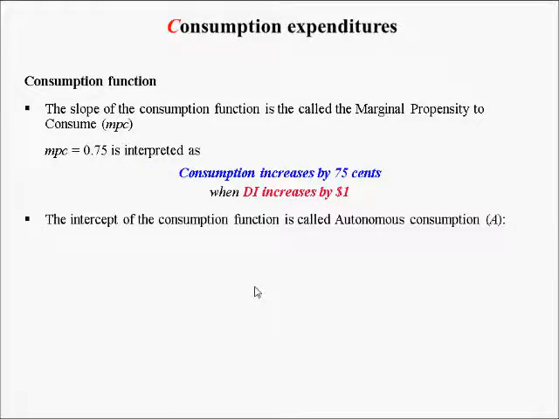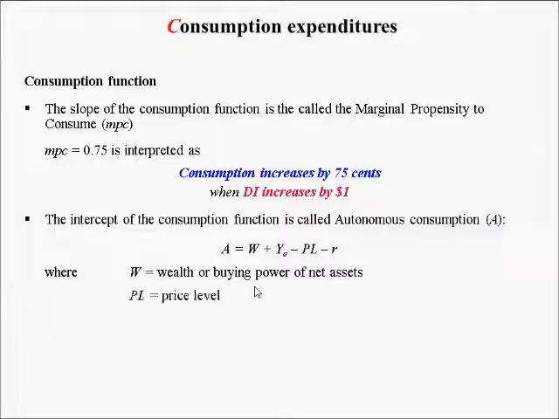The intercept of the consumption function is called autonomous consumption. Now this is not the actual relationship. This is just something I do in my macro class. I would call this a simulation. We're simulating what autonomous consumption might be. W is wealth, or buying power of net assets. PL is the price level.